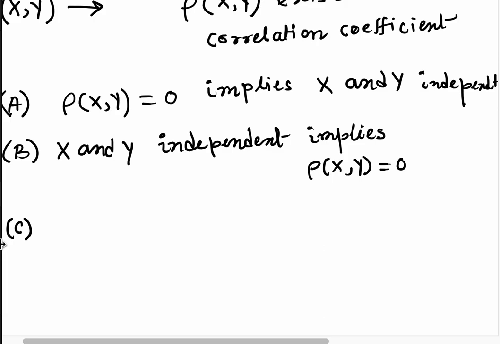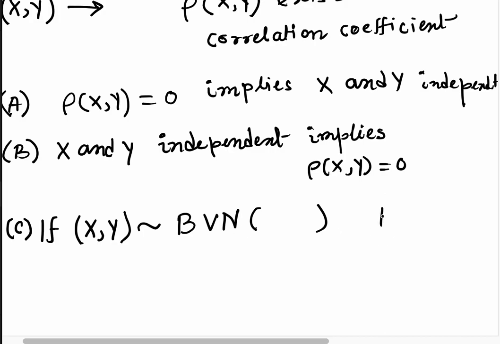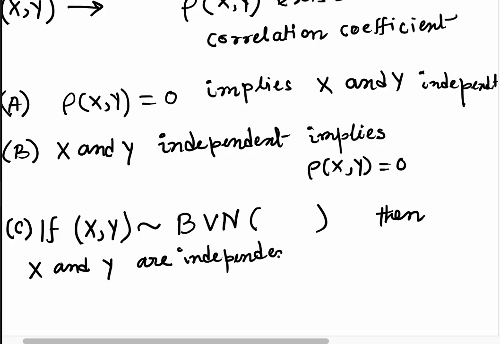C: if (X, Y) follows a bivariate normal distribution with some coefficients, then X and Y are independent if and only if rho(X, Y) is 0.